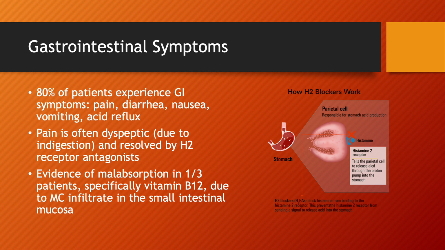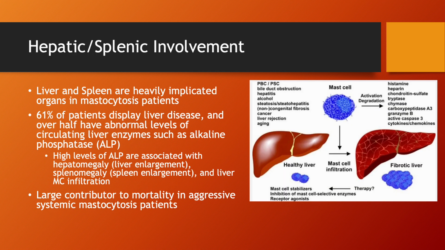And next we're going to talk about hepatic and splenic involvement. So we see hepatomegaly and splenomegaly are pretty common in mastocytosis. So around 61% of patients are going to display some sort of liver disease, and we see high levels of alkaline phosphatase, or ALP, floating around the body, and that's associated with hepatomegaly, splenomegaly, and liver mast cell infiltration.